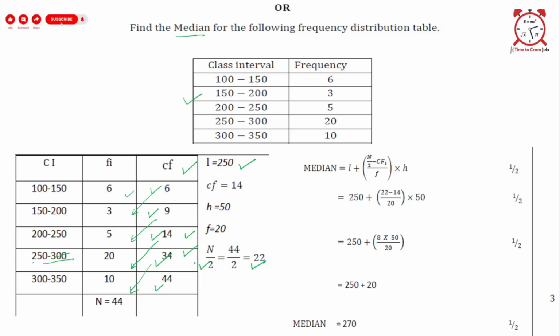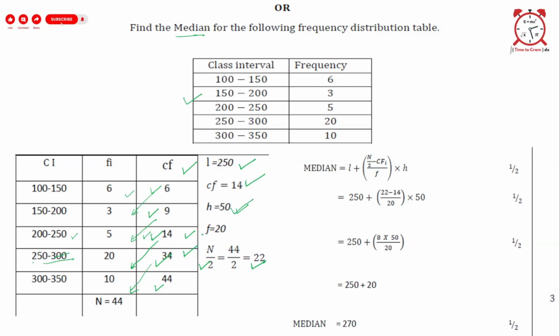The preceding class, meaning the class before the median class, is 200 to 250. So its cumulative frequency is 14. This is our CF. And h means the size of the class. It is 50, so h = 50.